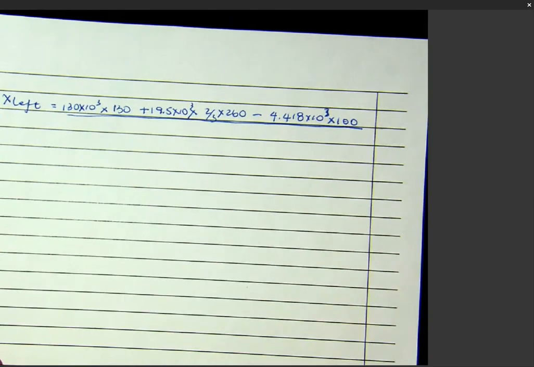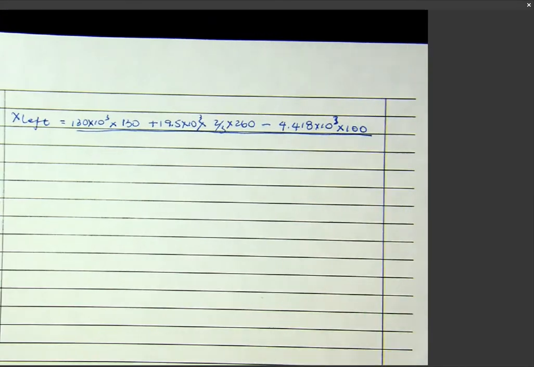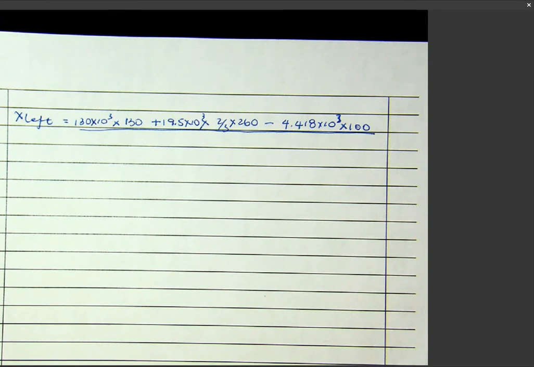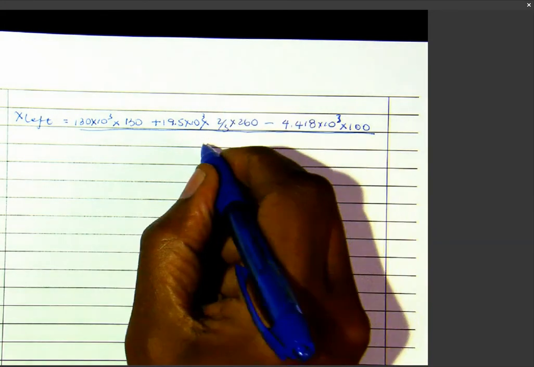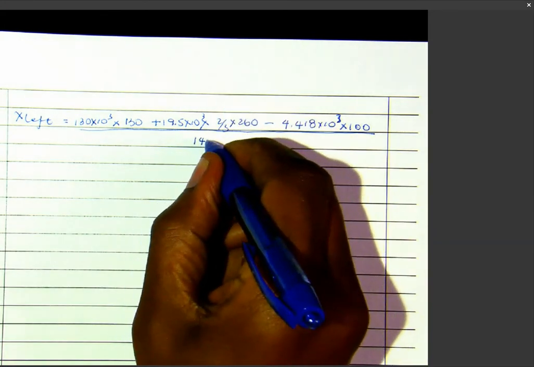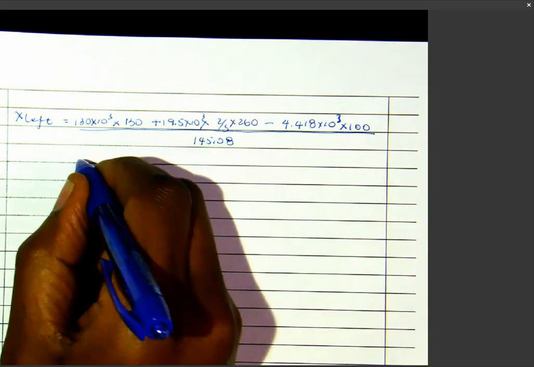Did I calculate the total area again? No, I did not. It's the same. The only difference is the distance, because you're coming from different axes. Then you divide by 145.08, and then you've got that.